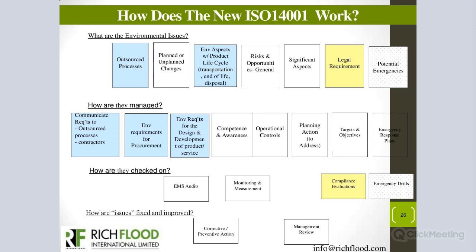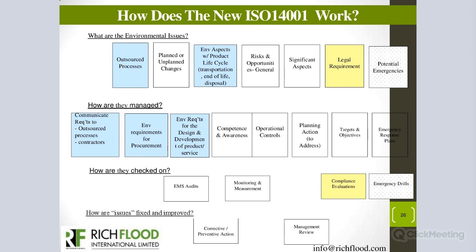And you can also manage this process by checking the environmental requirement for procurement. You can also check the environmental requirement for the design and development of products and services. Also check the compliance and awareness.